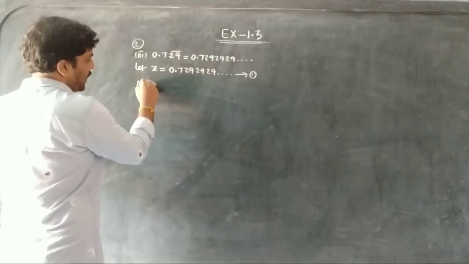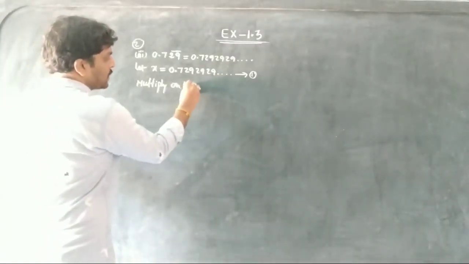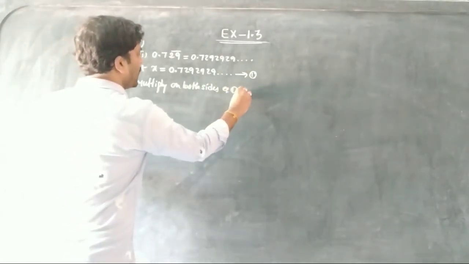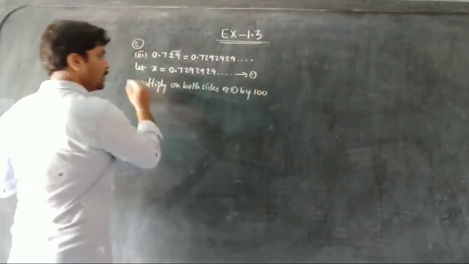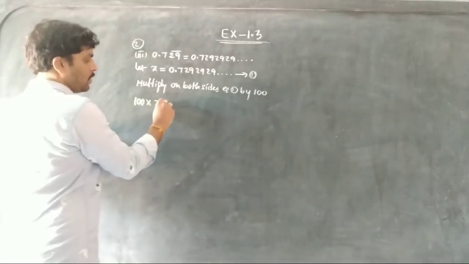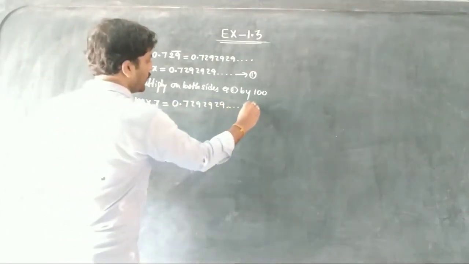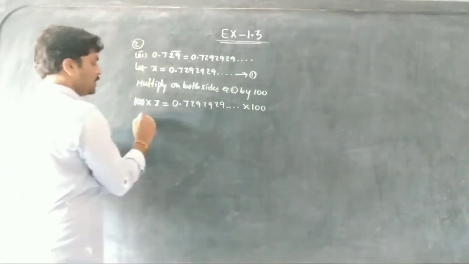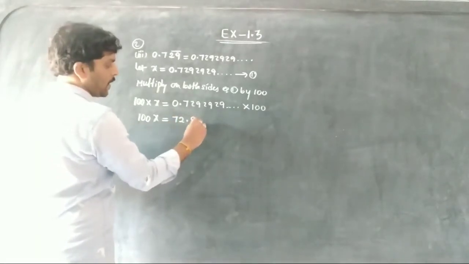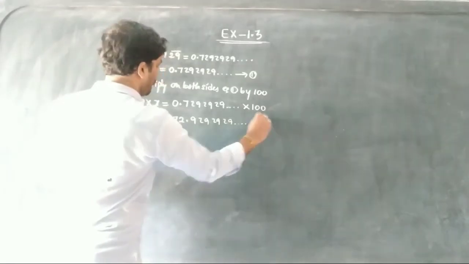So multiply on both sides equation 1 by 100. So 100 into x, 0.7292929 and so on into 100. So this is 100x is 72.9292929 and so on. This is equation number 2.